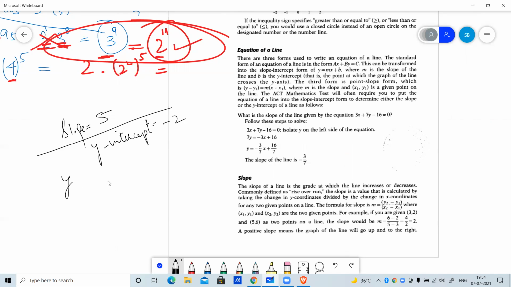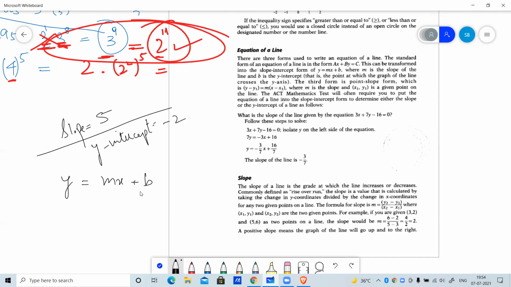Nobody will tell you that this will be the address. They will tell you the equation, but I'm just trying to make you understand that as we have the address of our houses, in the same way the line also has an address, which we call the equation of a line. Y equals mx plus b.